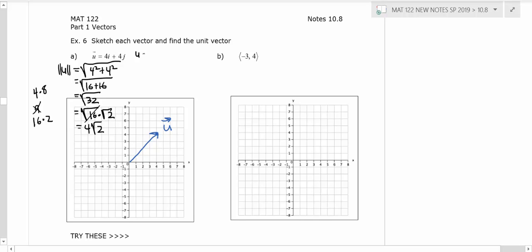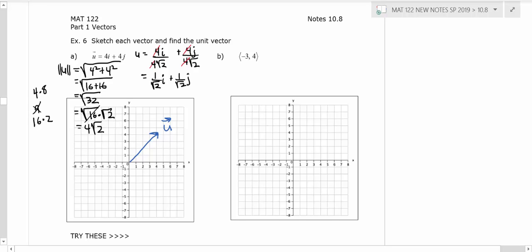So for the unit vector, we simply take this vector, 4i plus 4j, and divide it by this magnitude. That magnitude is 4 root 2. Now that's going to give a unit vector, but we do have to clean this up. One thing I want you to notice is, of course, the 4s cross out. So I'd end up getting 1 over square root of 2 i plus 1 over square root of 2 j.